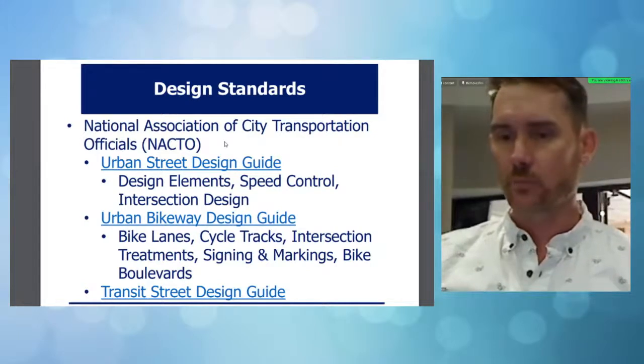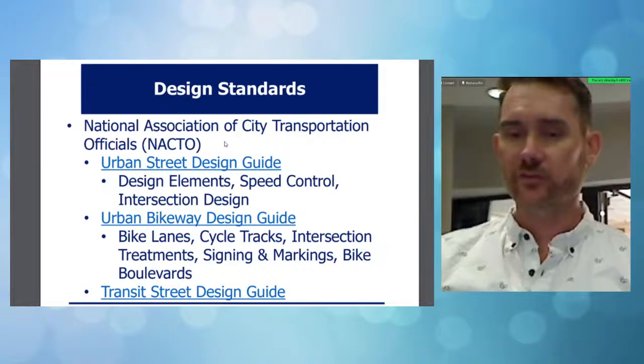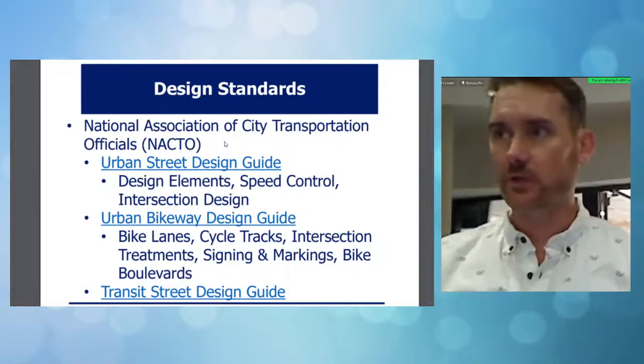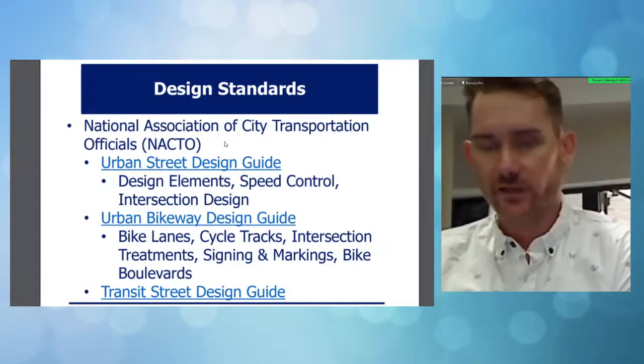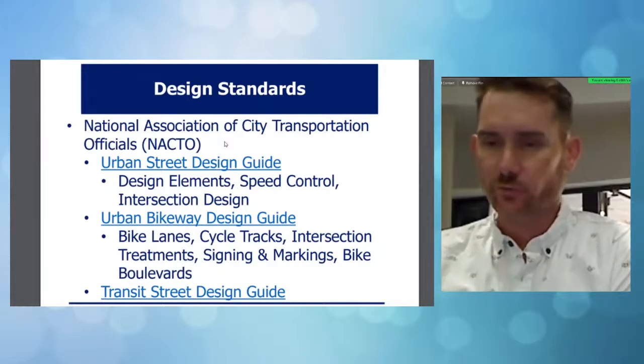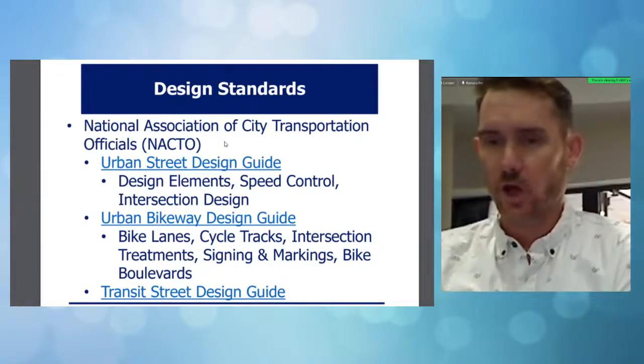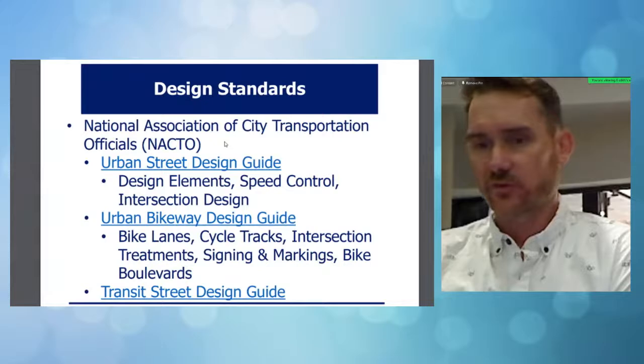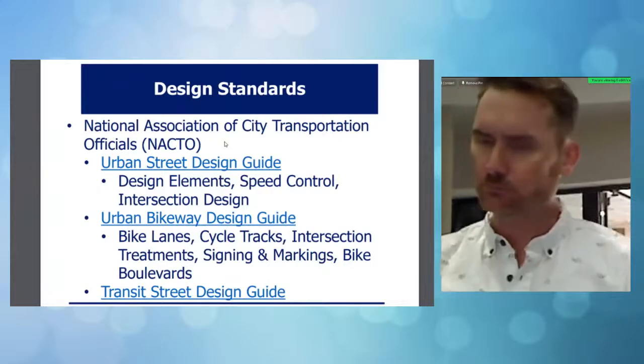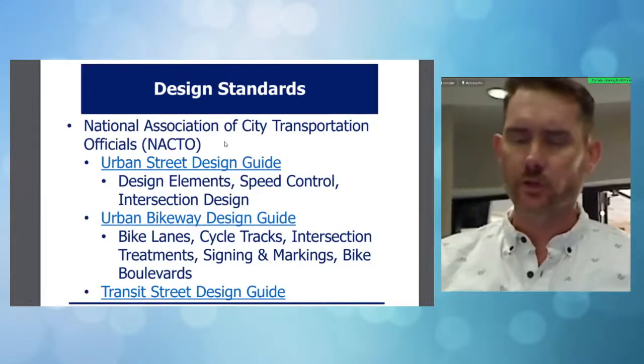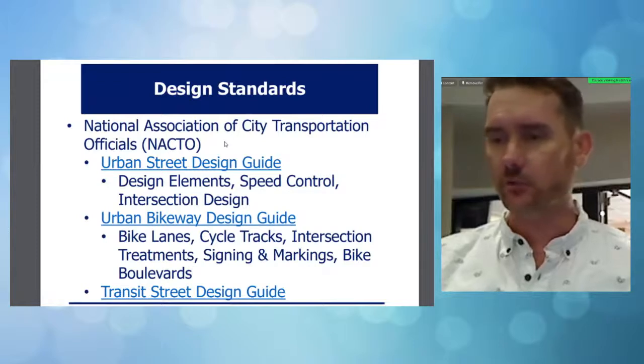So we've used this several times in Lawrence, and we're looking at intersections like 21st and Mass that has the bicycle crossing with the green pavement marking and the HAWK signal. It's a good example of a project that used guidance from this document.